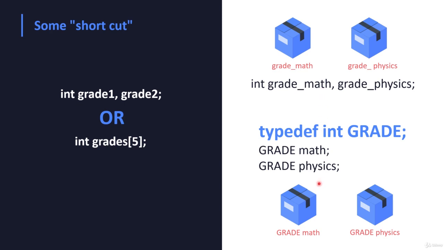And this Grade that we can see here is actually an integer, just with some camouflage, or I don't know how to say it. After we wrote this little line, typedef int Grade, we said that every time after this line that we use Grade, it will be equivalent to using an integer.